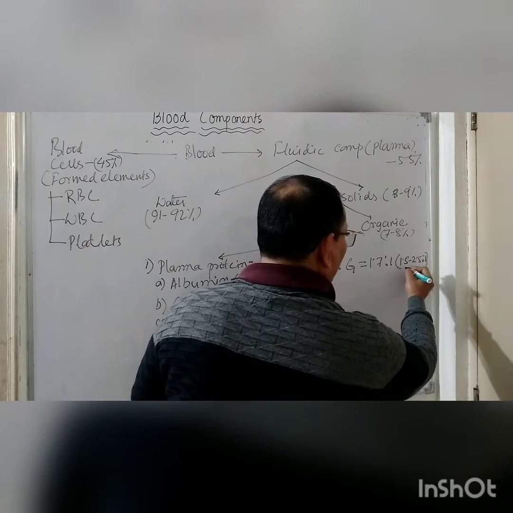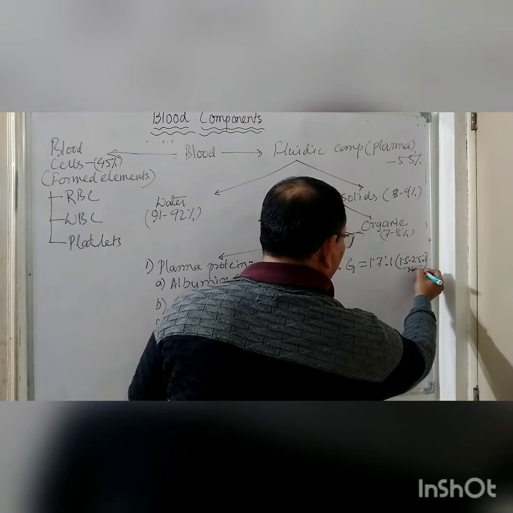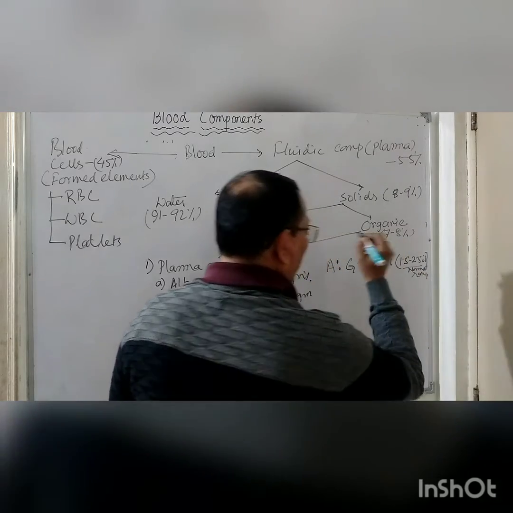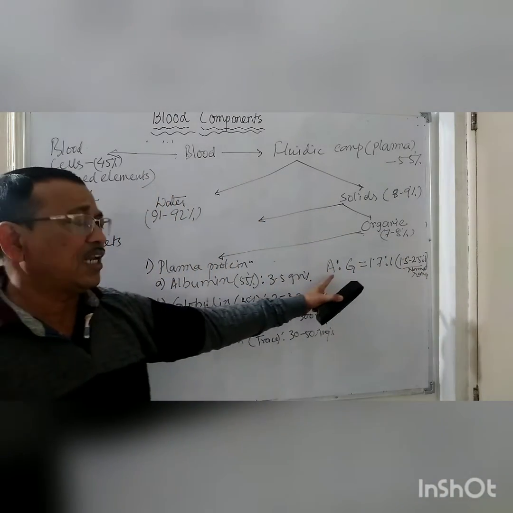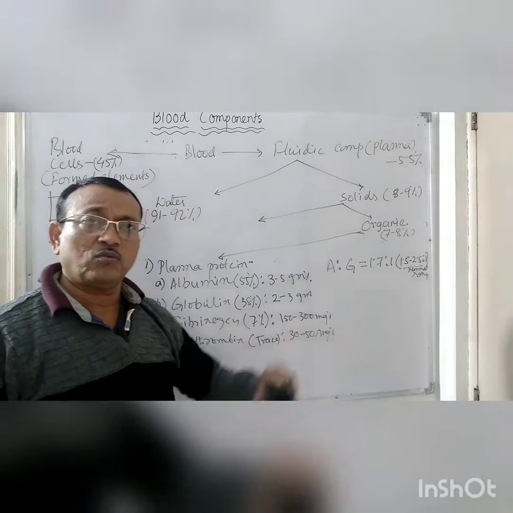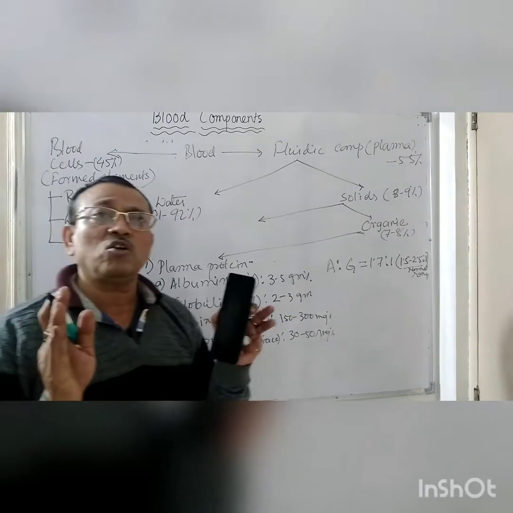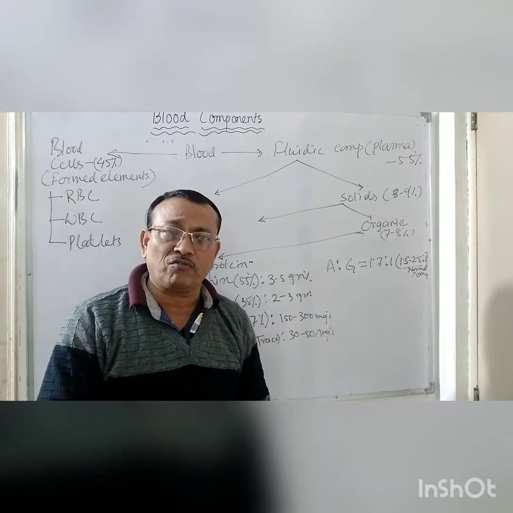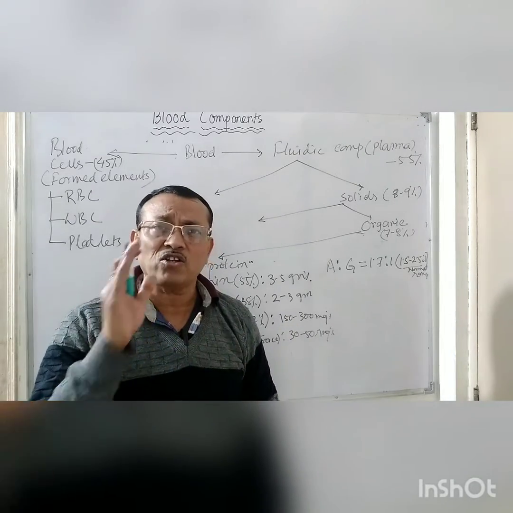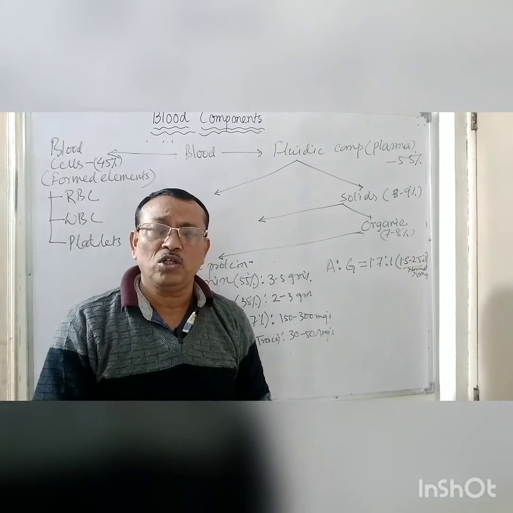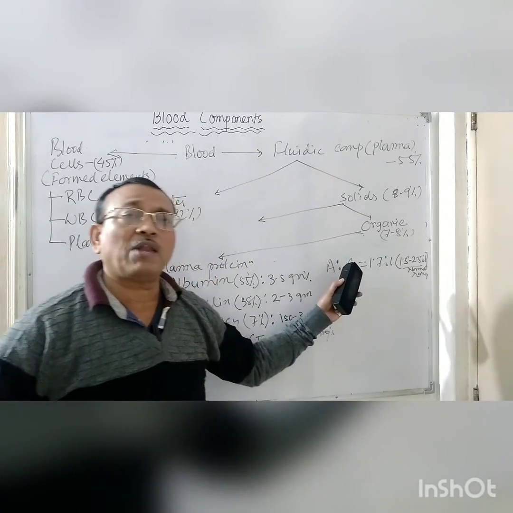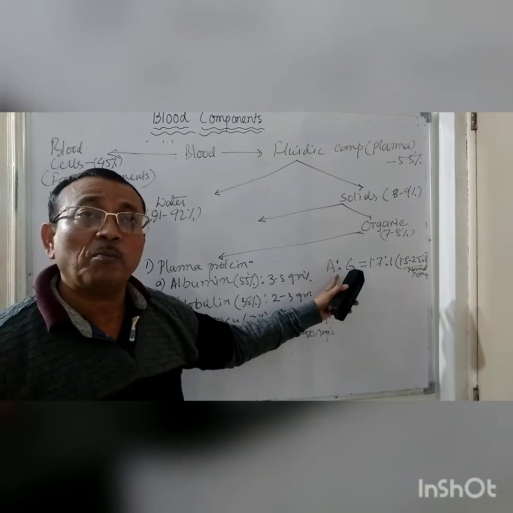This is the normal range. However, its average is 1.7:1. That is the normal albumin globulin ratio. Now this albumin globulin ratio is very important from the clinical point of view, from the diagnostic point of view, to know different types of disease by simply measuring this albumin globulin ratio.